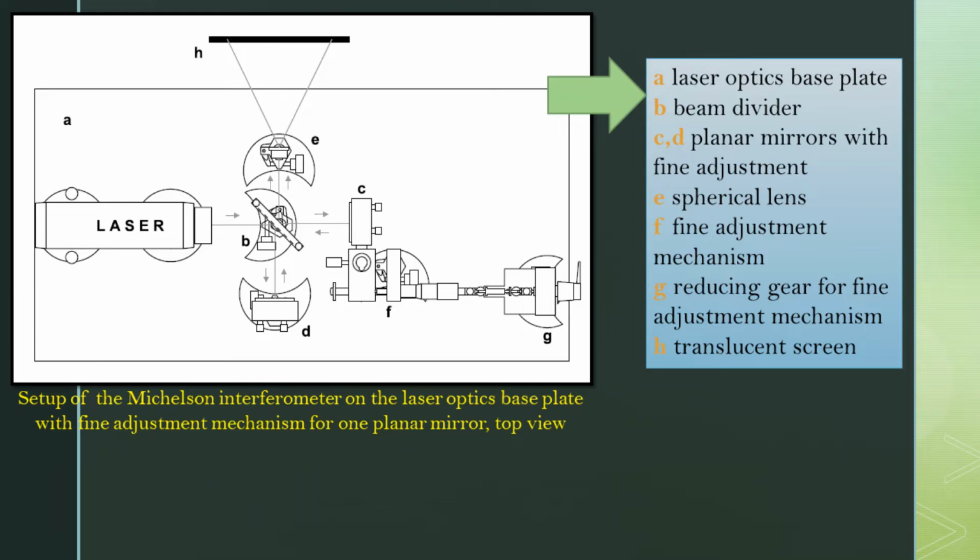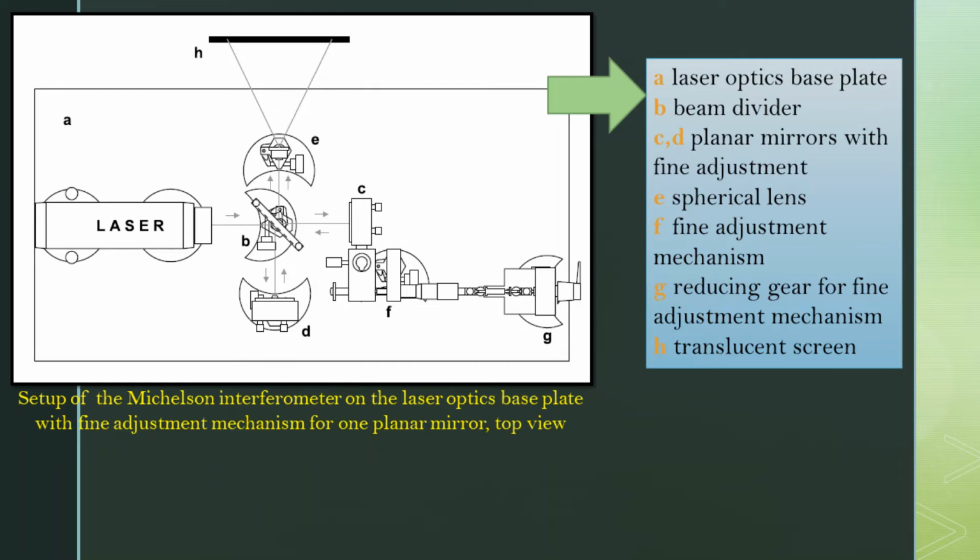Now, how does the Michelson interferometer operate? The laser beam is coming from the helium neon laser source, and it will be incident on the beam splitter and will be divided into two parts.